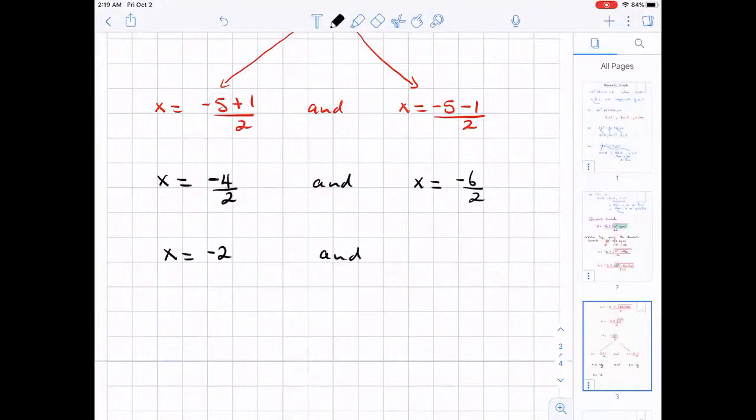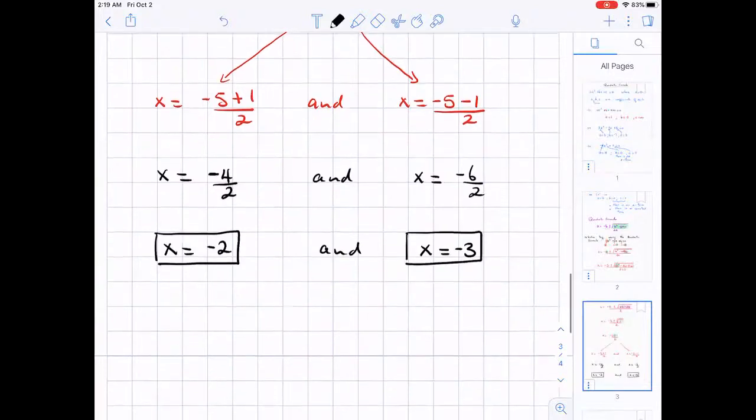And minus 6 over 2, we have x is equal to minus 3. So the solutions to this quadratic are x. If we substitute x as minus 2, the left side will be 0. In addition, if we substitute minus 3, we'll get 0.